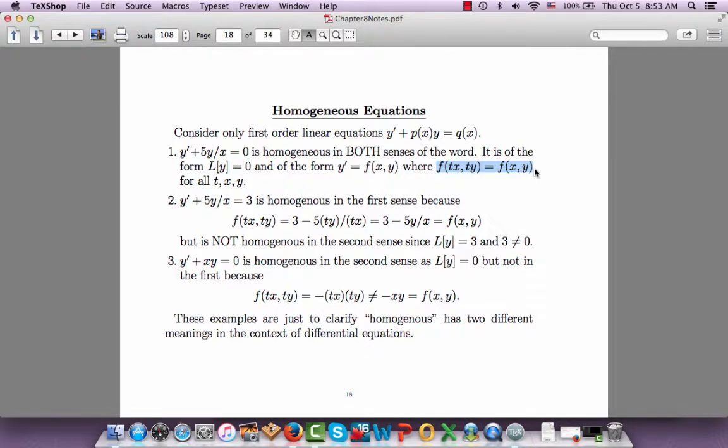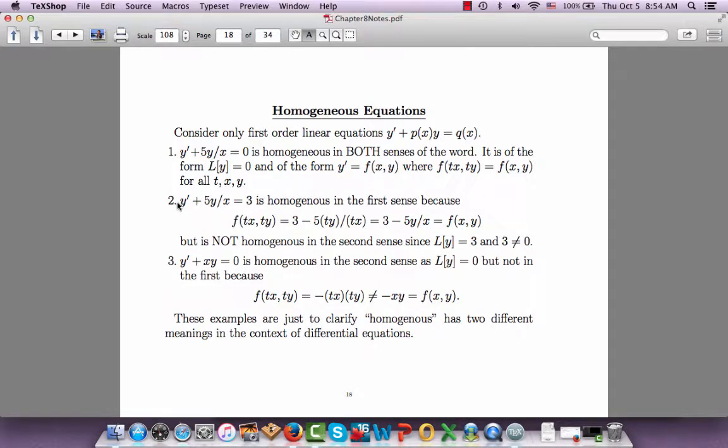So it is a first order homogeneous equation, like we talked about before. But it's also a linear homogeneous equation because, look, we have two terms. There's a y prime term and there's a y term. The y is multiplied by the function 5 over x, so it has a functional coefficient, so this is linear. And the right-hand side is 0. So this example satisfies both types of homogeneous equations.